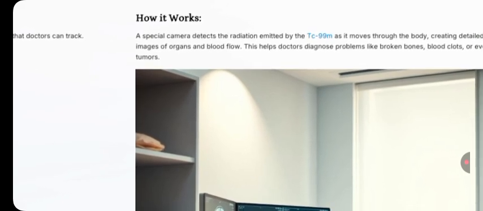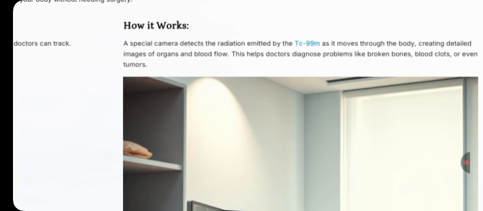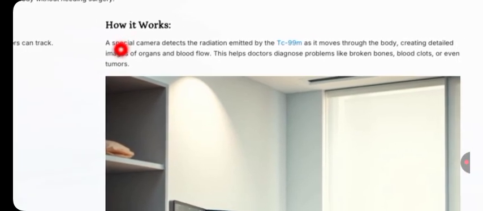A special camera detects the radiation emitted by technetium 99 as it moves through the body, creating detailed images of organs and blood flow.